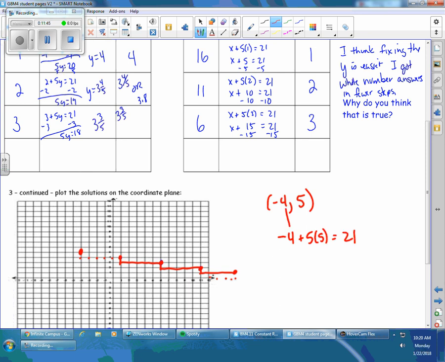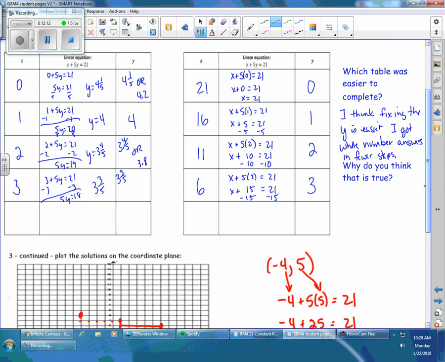See, there's my x, there's my y. Negative 4 plus 5 times 5 is 25. Does that equal 21? See, negative 4 plus 25, yeah, that's going to be 21 equals 21. That is a good solution. So that one would work. I can pick out solutions off of my graph if I recognize that there is a pattern in the graph.